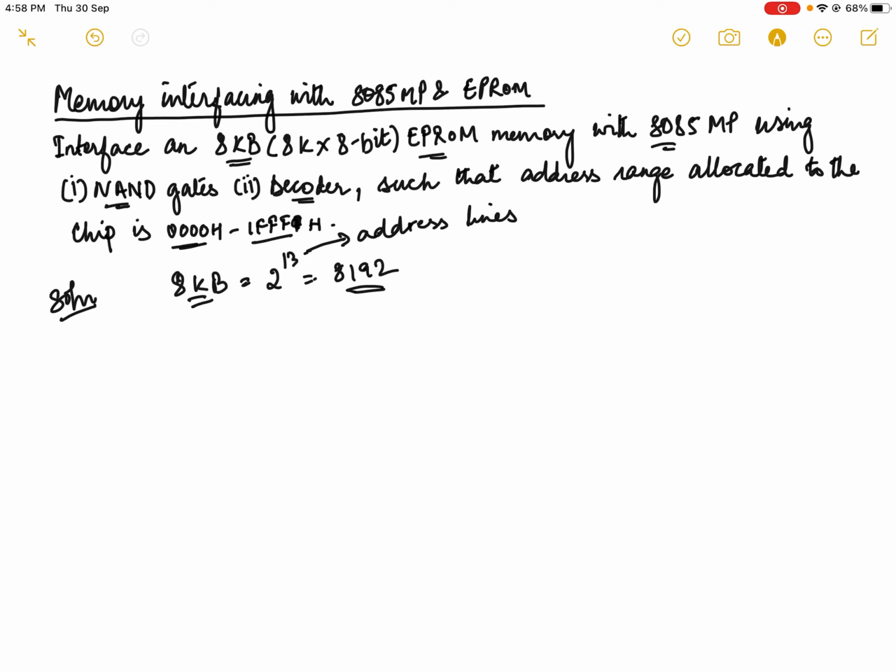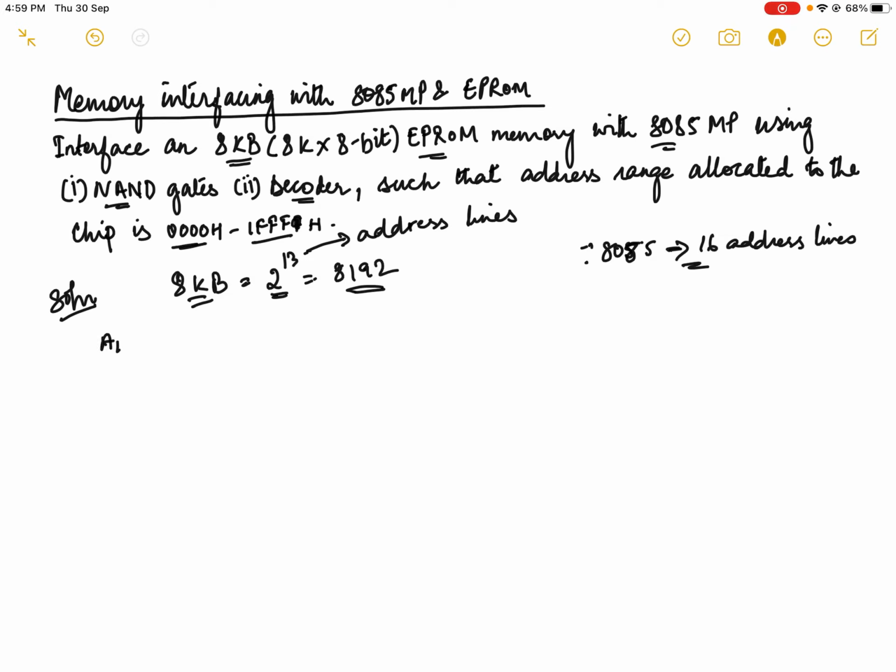Since the 8085 has 16 address lines, we have to interface these 13 address lines with the 16 address lines of the 8085.